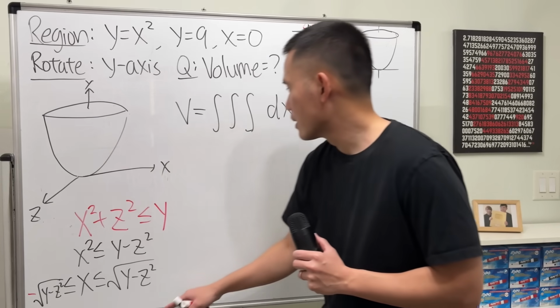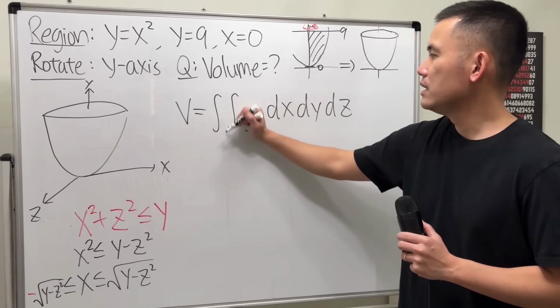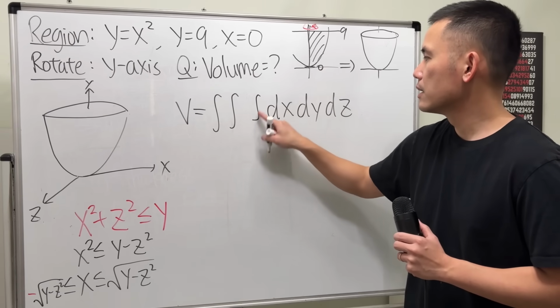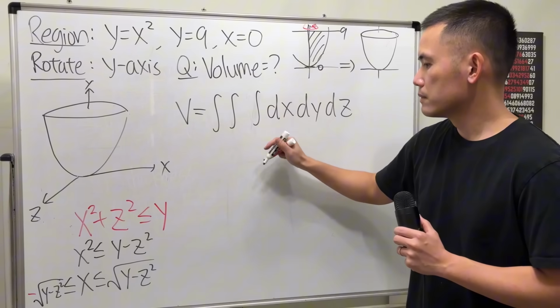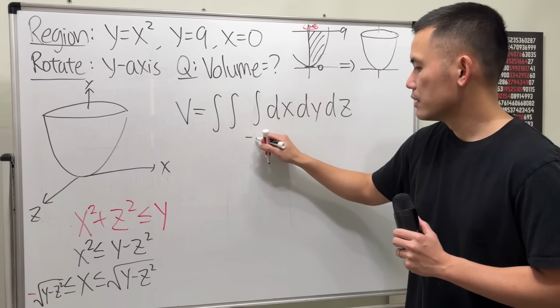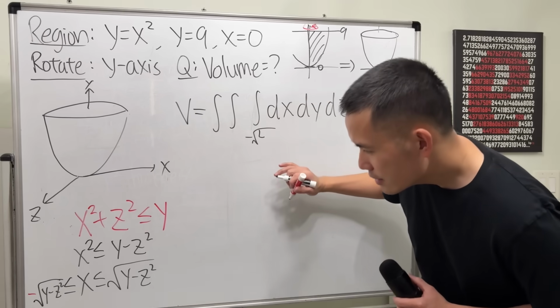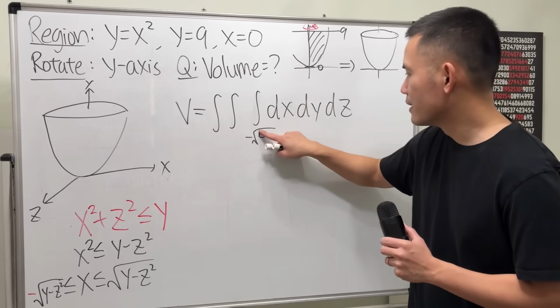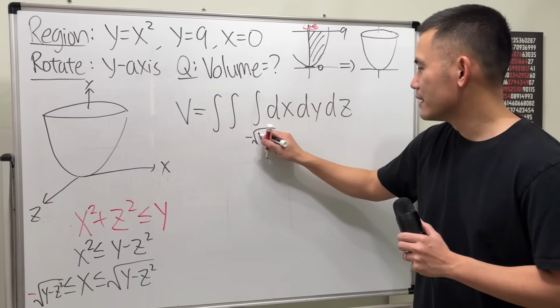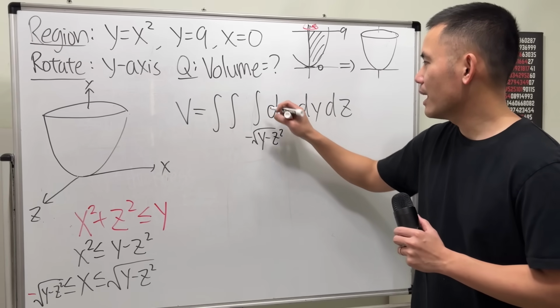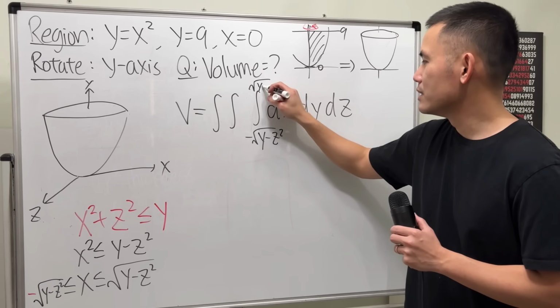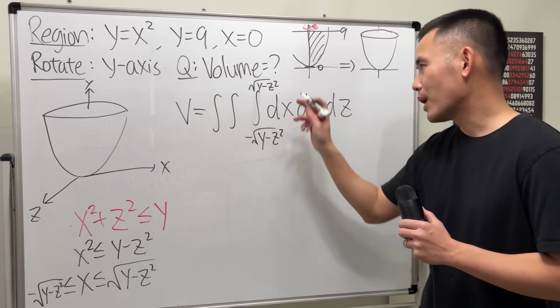In fact, that's what we need for dx. So negative square root of y minus z squared up to positive square root of y minus z squared.